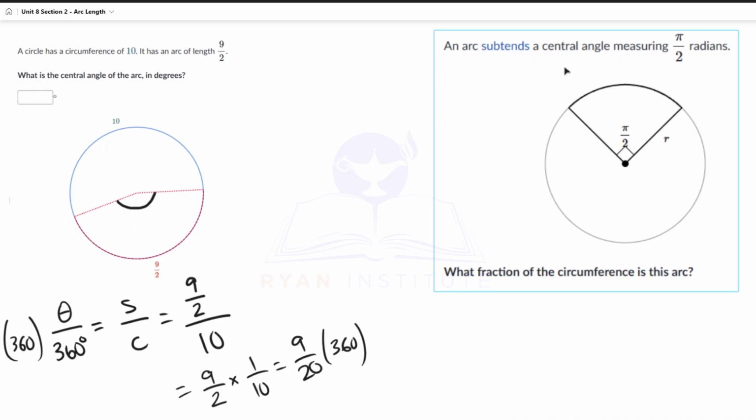Now let's talk about this question using radians. It says an arc subtends a central angle measuring pi over 2 radians. Which fraction of the circumference is this arc?